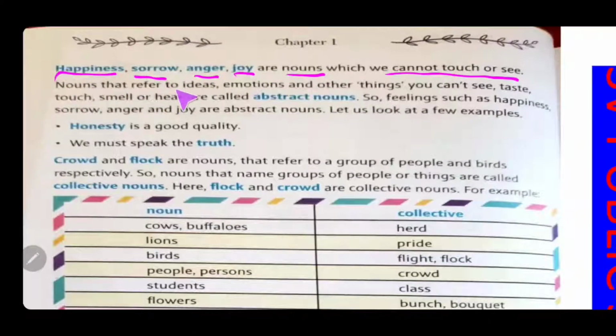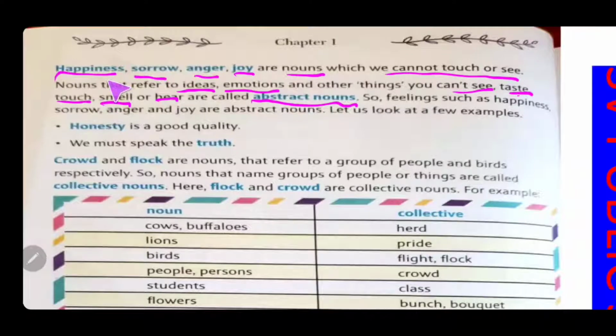Now, nouns that refer to ideas, emotions like happiness, sorrow, anger, joy, sadness, and other things which we cannot see, taste, touch, smell, or hear are called abstract nouns. So, what are abstract nouns? Like happiness.